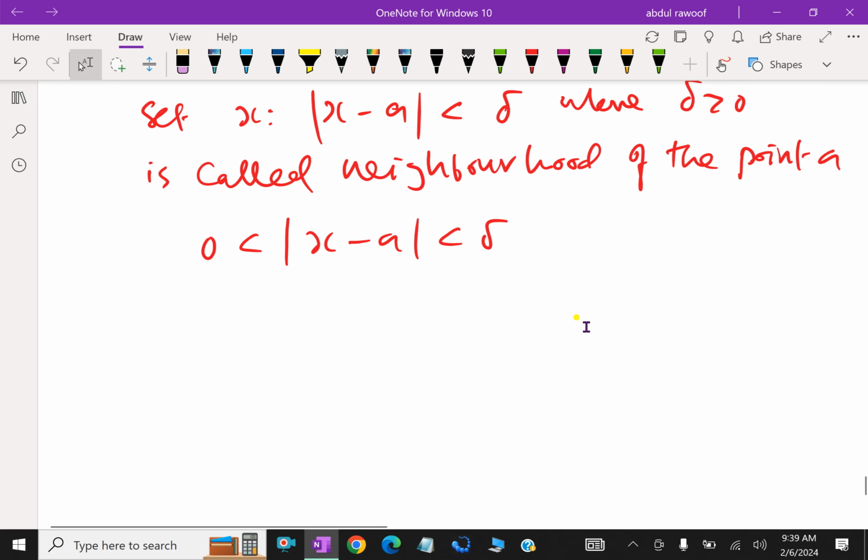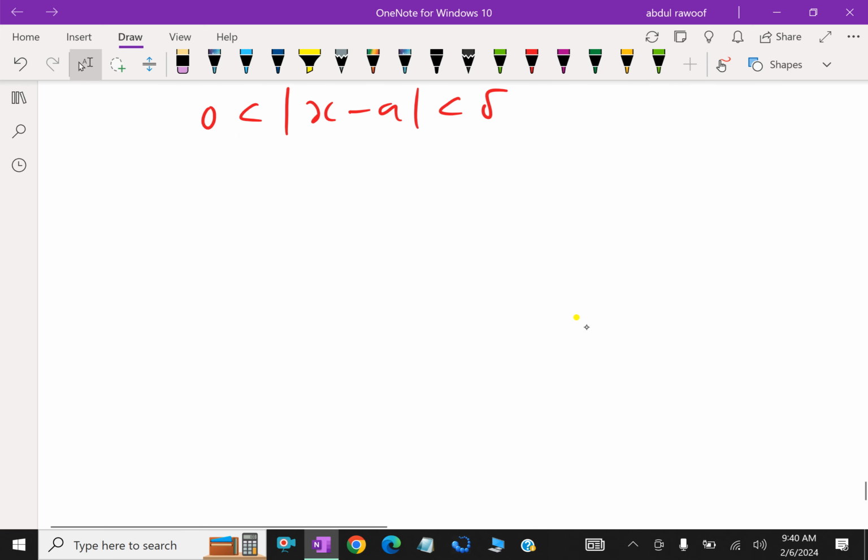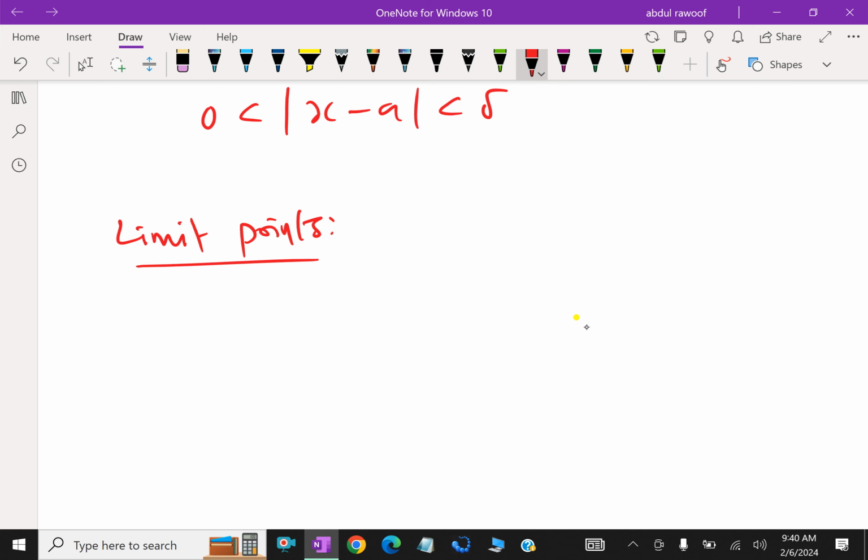Next is limit points. What is a limit point? A limit point, that is a point of accumulation or cluster point of a set of numbers, is a number L such that every deleted delta neighborhood of L contains numbers of the set.